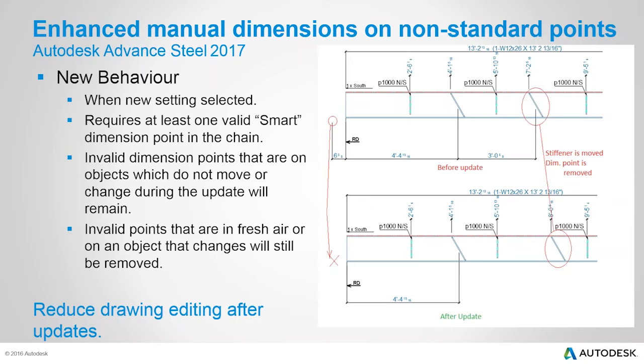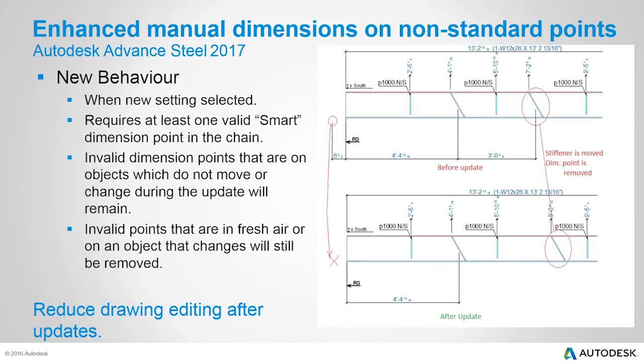In this case, it's on the left-hand end of the beam where the RD symbol is pointing. So that's a valid point. You can track that one and move and follow that one around. The other points on that chain are not valid snap points for manual dimensions. You've got one in fresh air on the left, and you've got two going to the midpoint of the stiffeners, not the end points that we can track. So the midpoints you can't normally track.